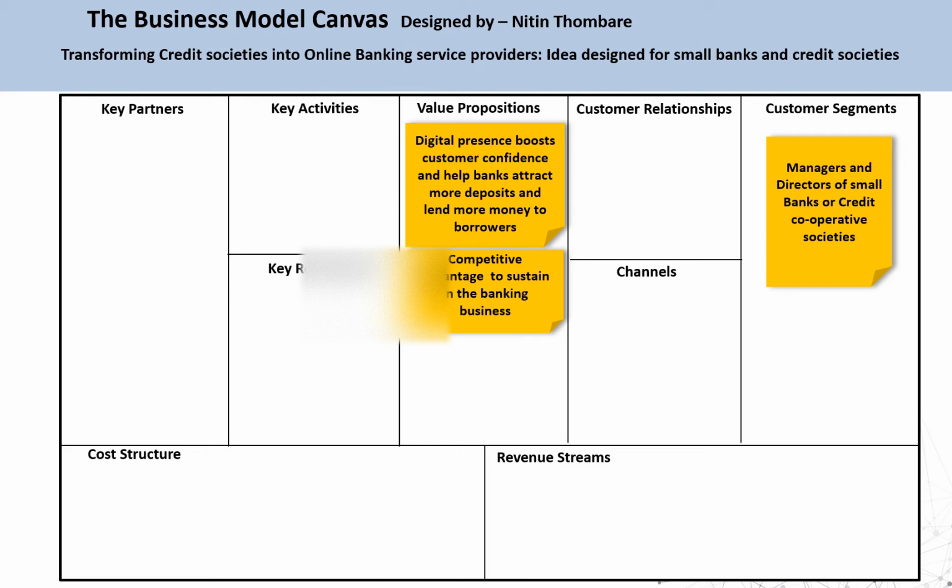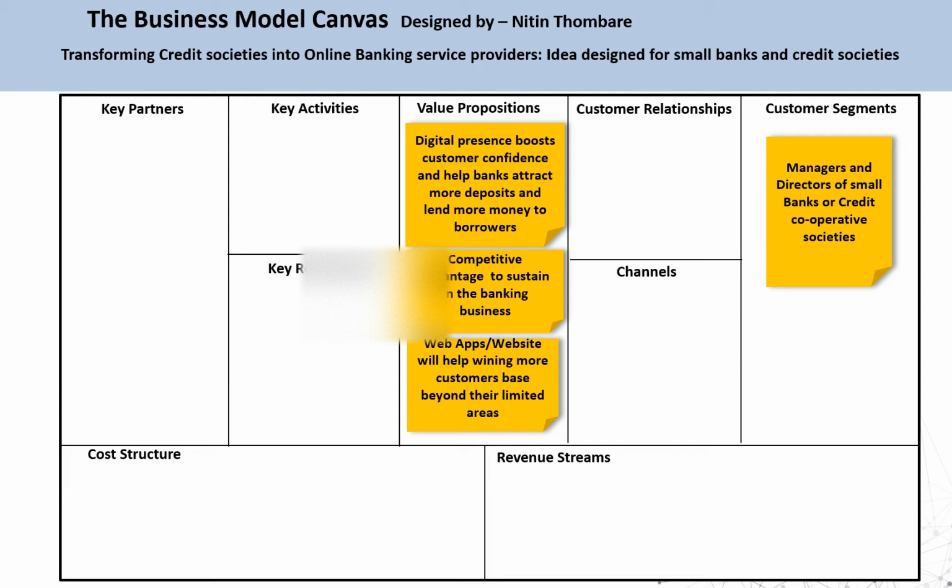So after transitioning from offline services to online banking services, these small credit societies will be able to retain their customer base and remain profitable in the era of increased competition from nationalized banks.